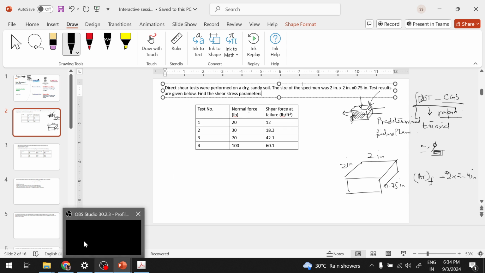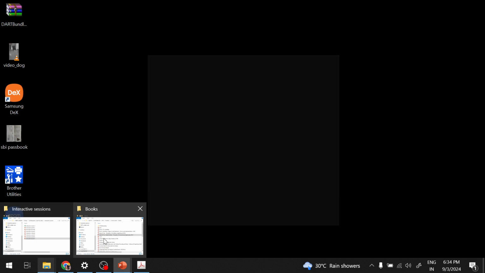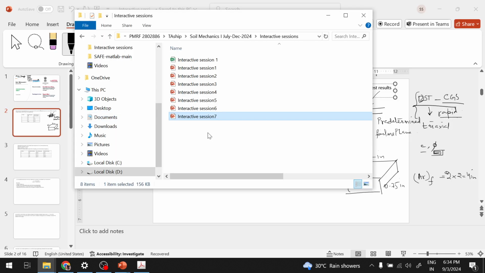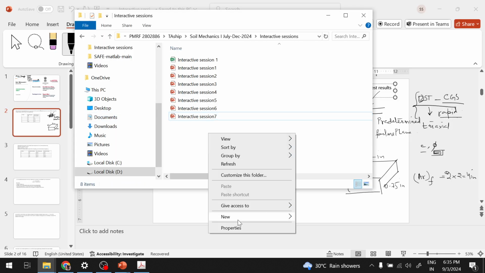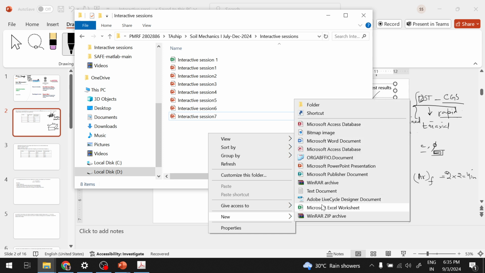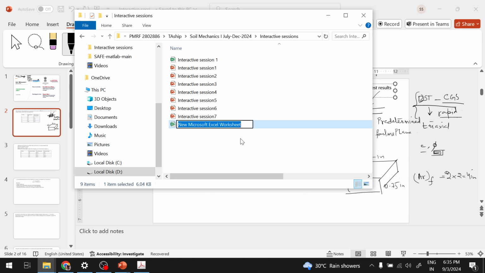So for that, let's go to our Excel sheet. Okay, let's create an Excel sheet for calculations. Let's call this interactive session 7.